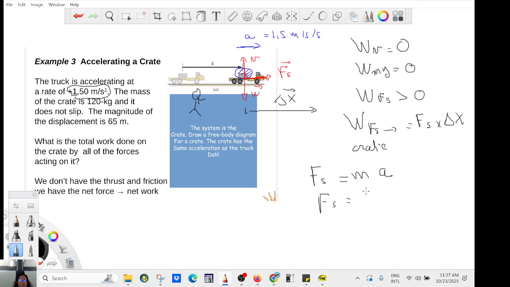Which is 120 times 1.5, 180 Newtons. So now I have the force providing the acceleration.